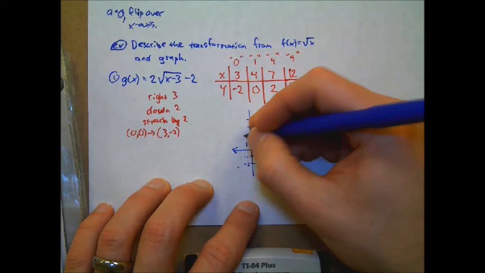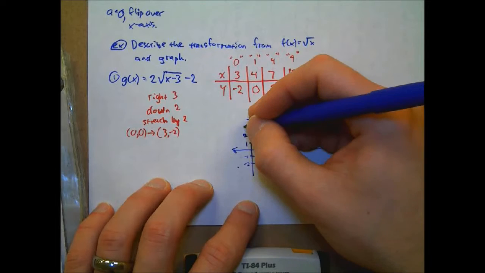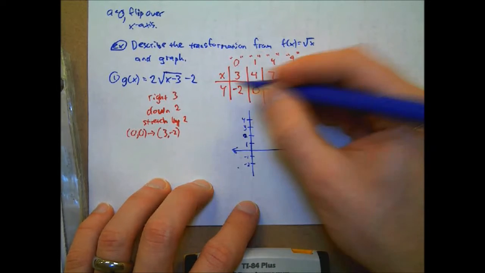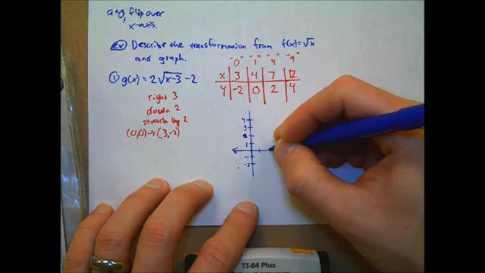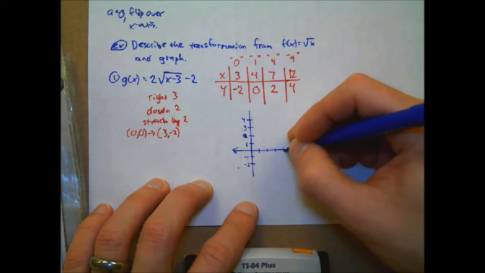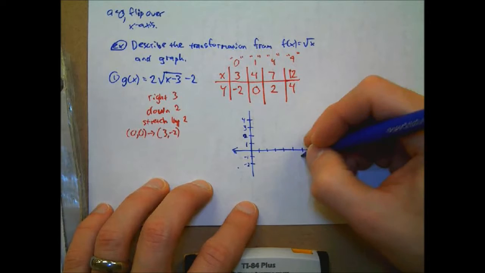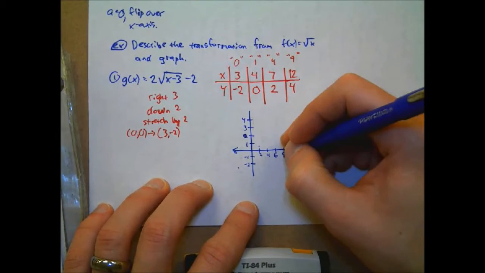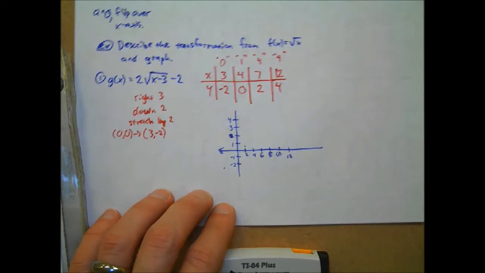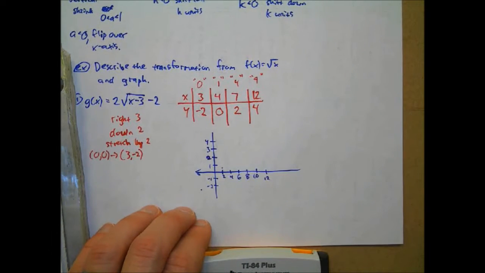Oh, not negative 2, positive 2, 3, and 4. And then I've got to go from 3 to 12, so maybe I'll count by 2s here. So 2, 4, 6, 8, 10, 12. Something like that.